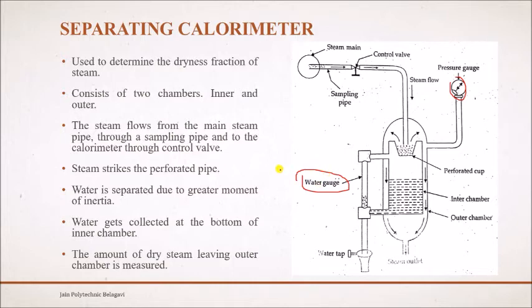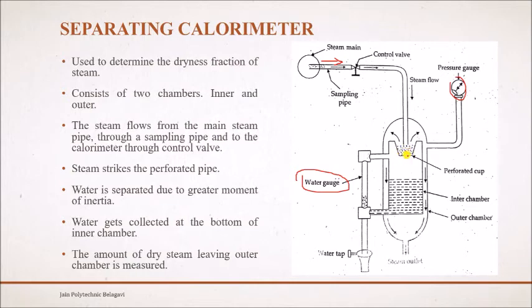So here is how it works. The steam is passed through this main steam pipe, and the control valve regulates how much steam has to flow inside this calorimeter. The steam comes and strikes this perforated cup.